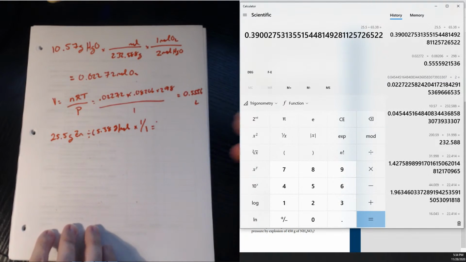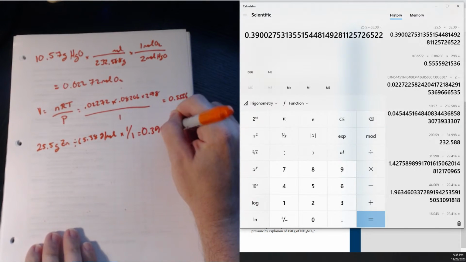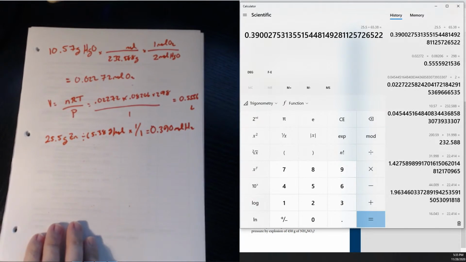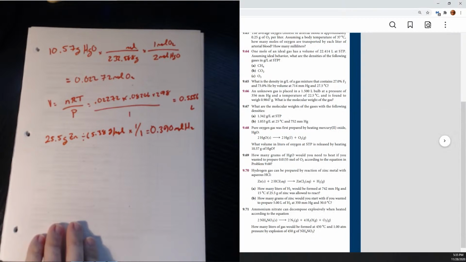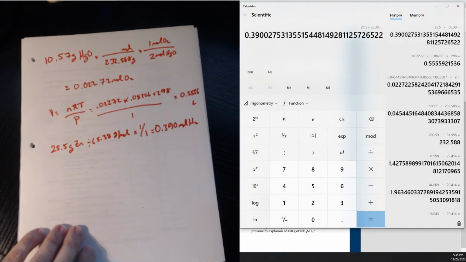So that's 0.390 moles of zinc is 0.390 moles of hydrogen. And 742 millimeters of mercury. Let's go ahead and convert that real quick. 742 divided by 760.